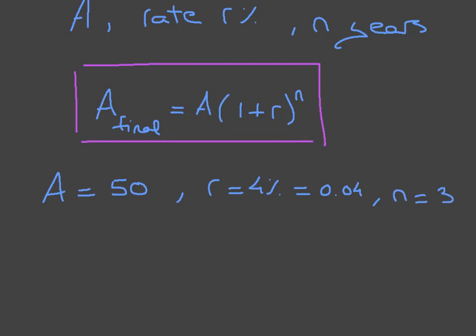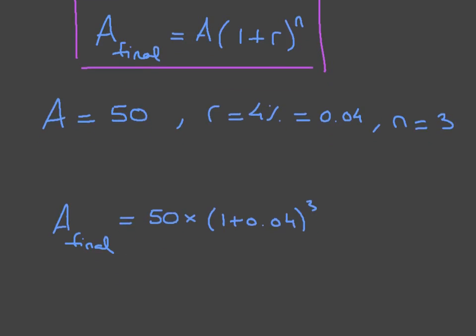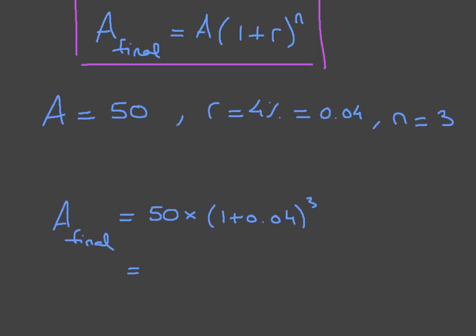So using this formula, we can calculate how much she would have after 3 years directly, and say that A final would be equal to 50 times 1 plus 0.04 to the power of 3. This leads us to 50 times 1.04 to the power of 3.